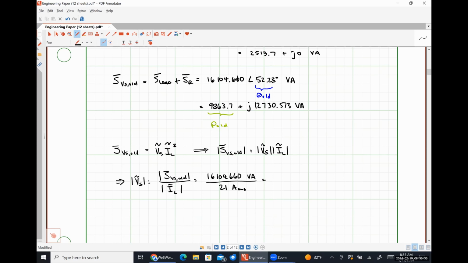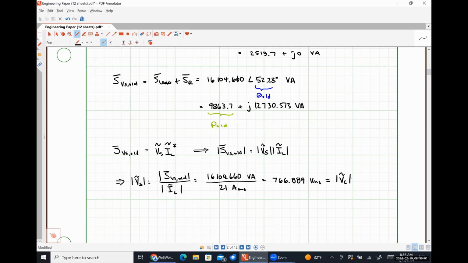The magnitude of what I have stored in my calculator, divided by 21, gives me a voltage of 766.889 volts RMS. And this is the magnitude of the voltage drop across our capacitor.